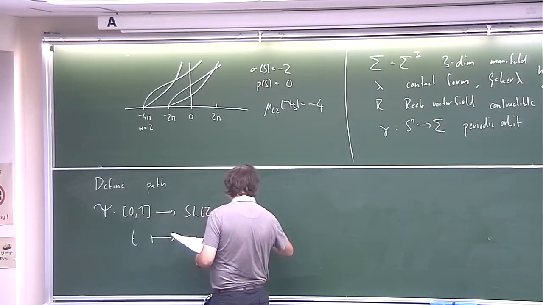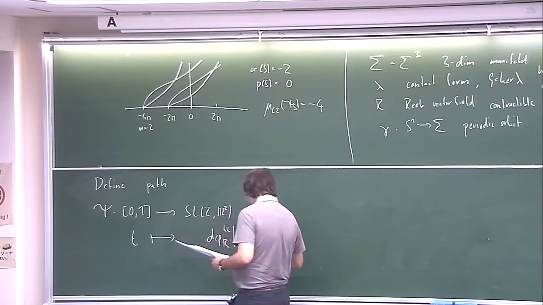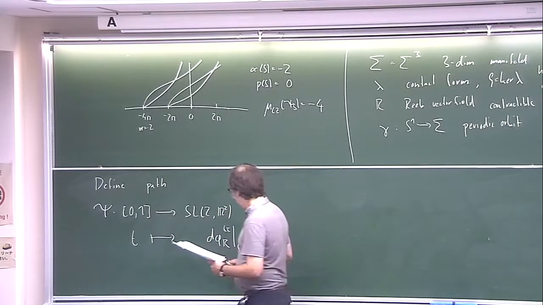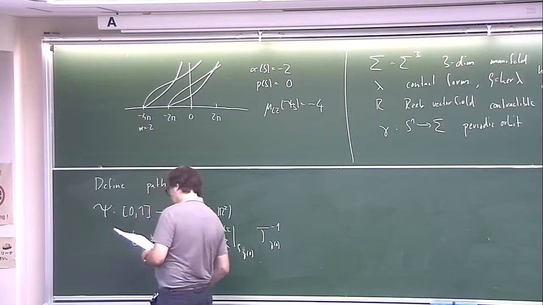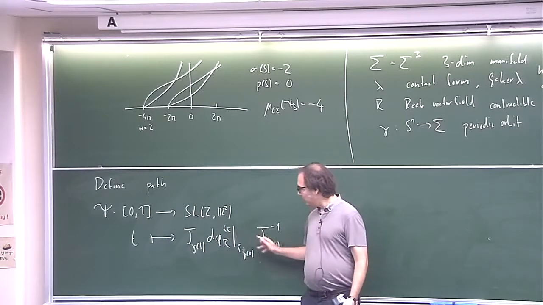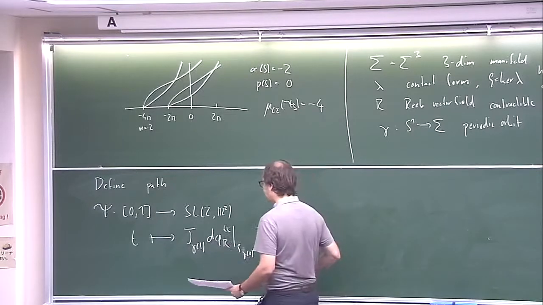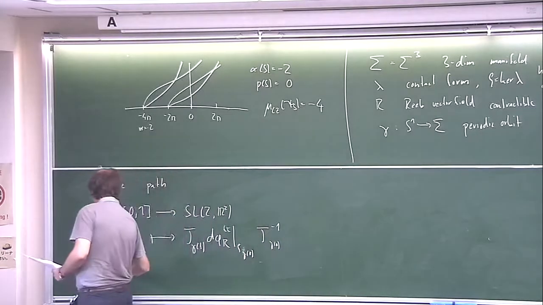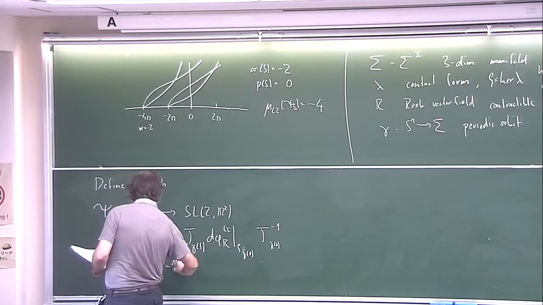And then we use the trivialization, the inverse, and then backwards. So we conjugate with the trivialization, and so we get a path of symplectic maps from C to C. And as a note, psi of 0 is the identity.